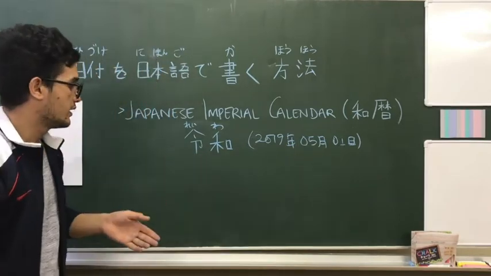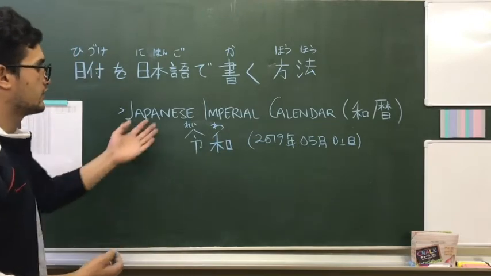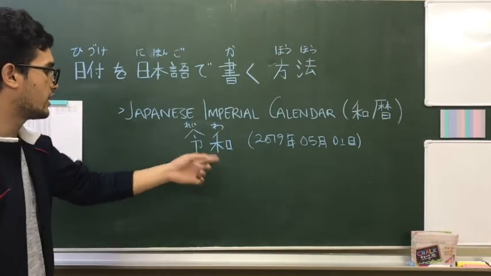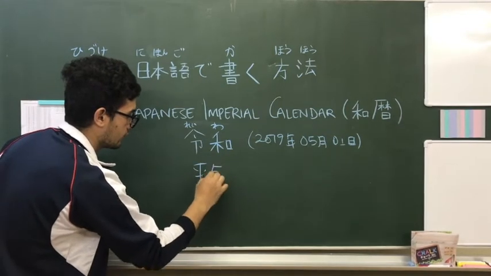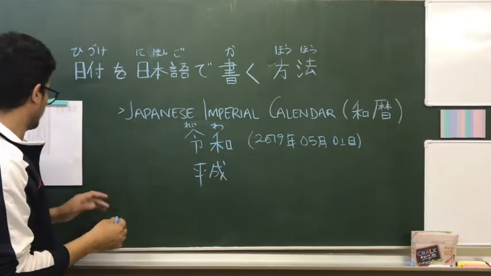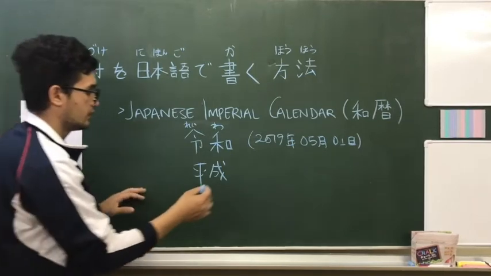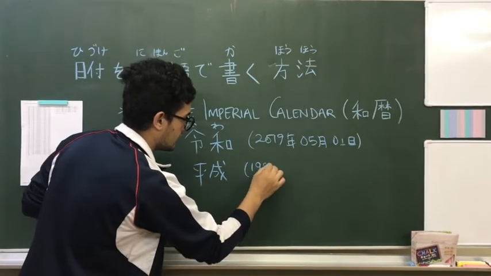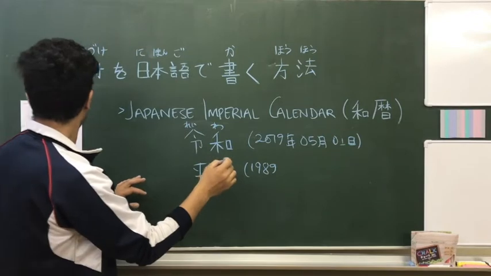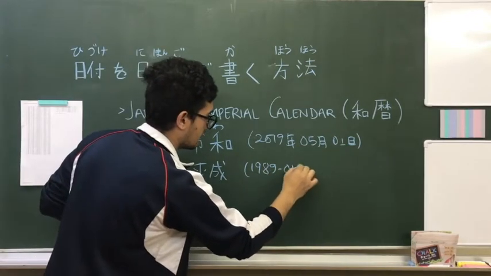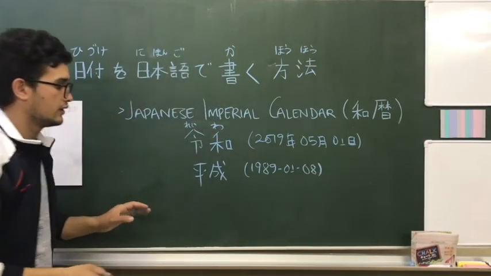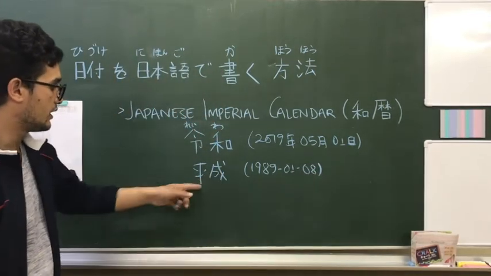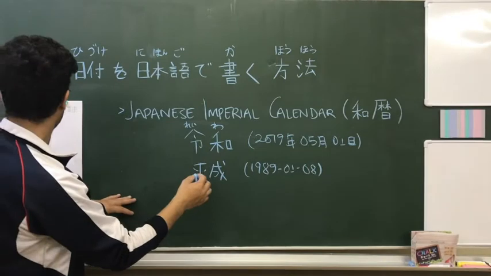And next, there are other Japanese Imperial calendars. For example, before Reiwa we have Heisei, which started in 1989 and January 8th. It started on this day, Heisei. Likewise, we have Showa.